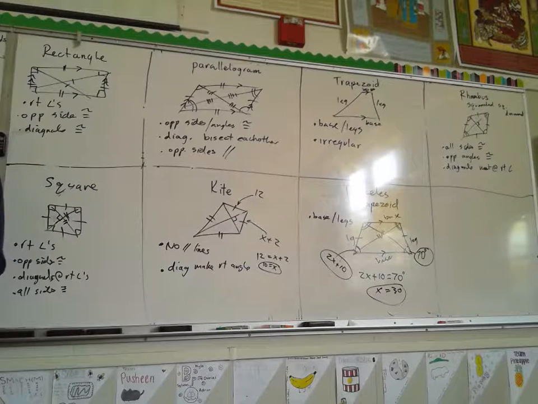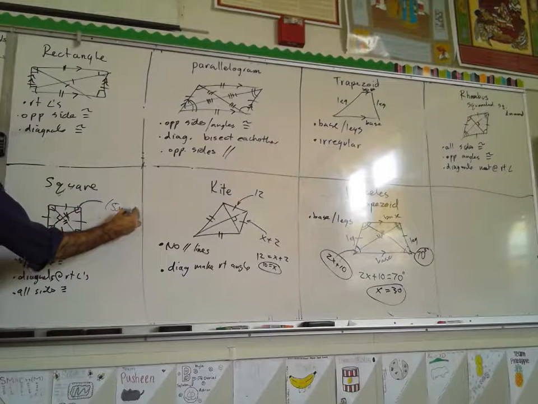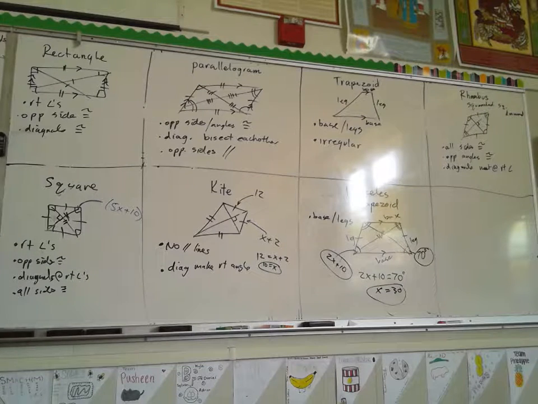Now again, just to elaborate how this might work out. If I'm told that this angle right here in the square is equal to 5x plus 10, how could I find what x is? First off, it's pointed to this angle right here. What do we know about that angle?